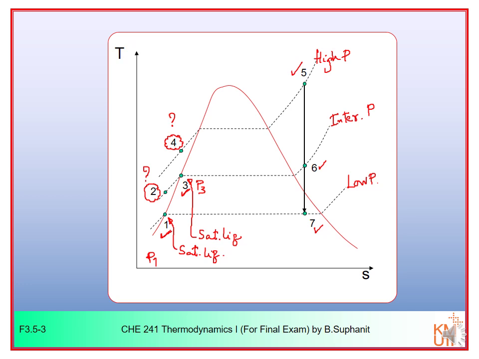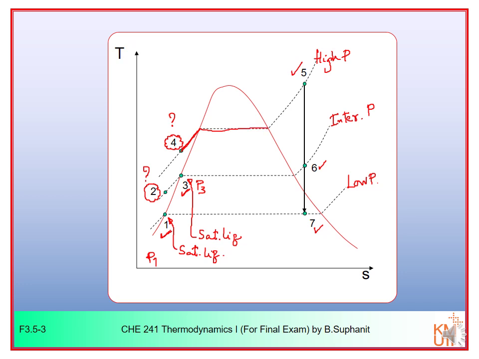Since this is the regenerative Rankine cycle using an open feed water heater, the flow rate at any particular point will not be constant. In this case, we have the boiler from 4 to 5.